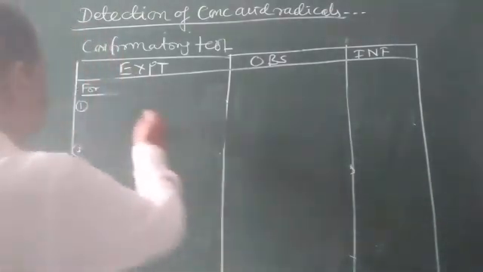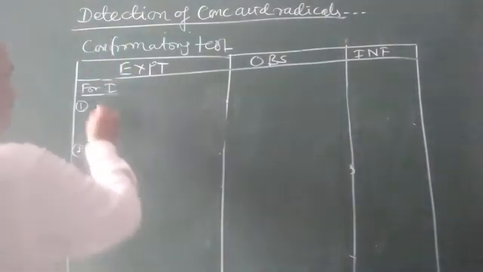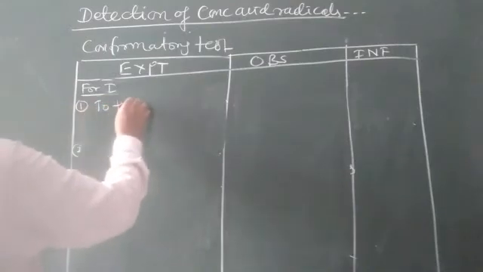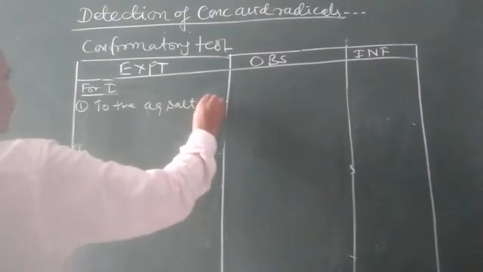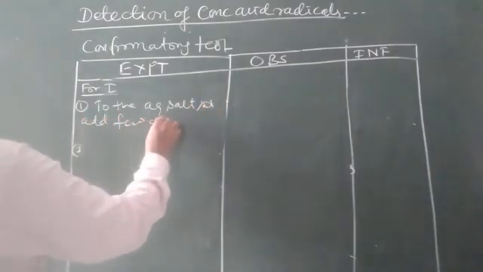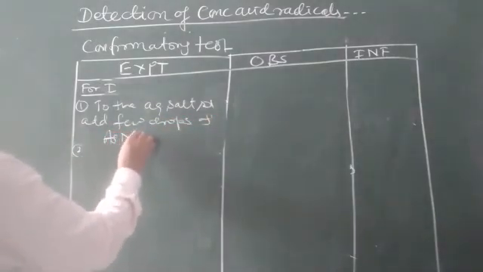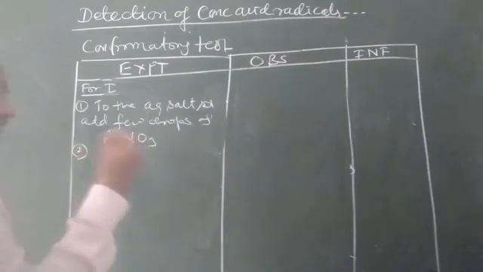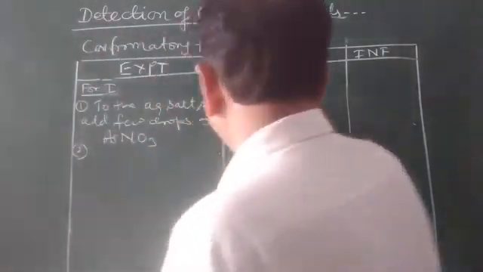Now coming to iodide. The tests remain the same as for bromide. To the aqueous salt solution, add a few drops of AgNO3. See, the tests are the same, but here the results are different.